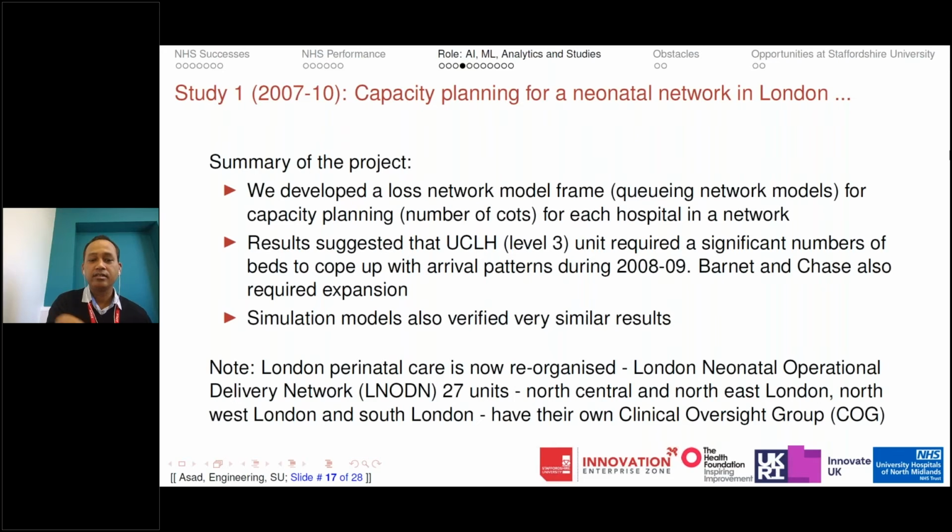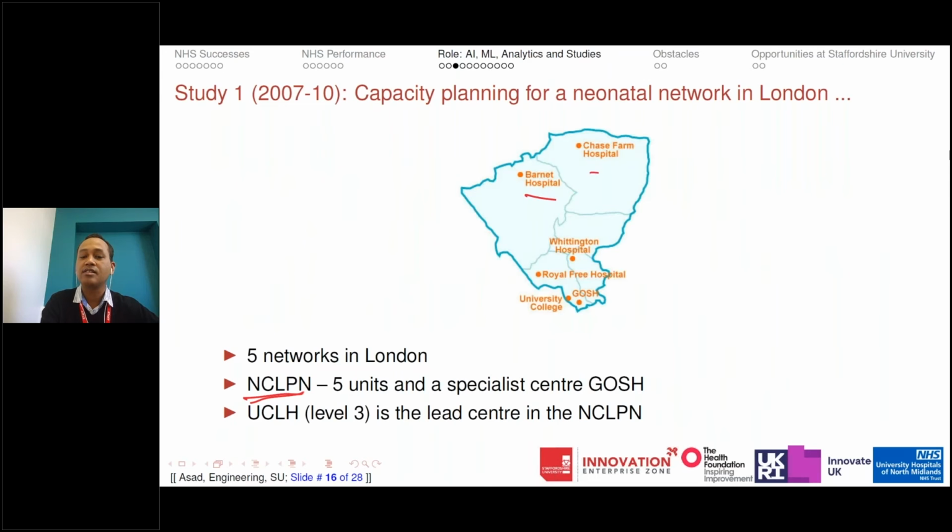So we applied an analytical model framework to identify, with random patterns of arrival and random length of stay, how many hospital beds need to be in each of the hospitals within the network.